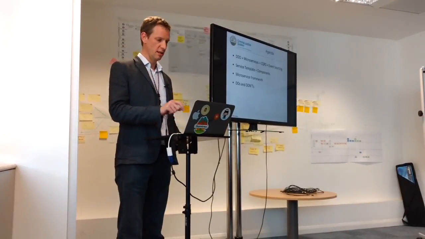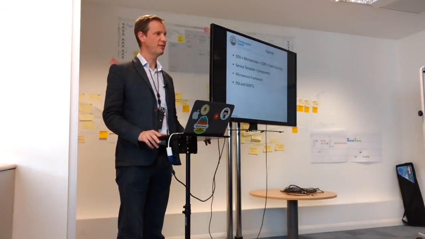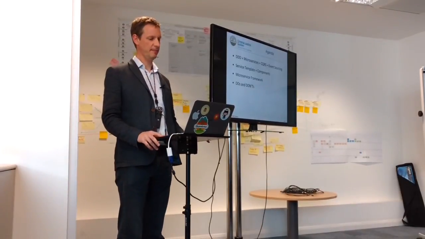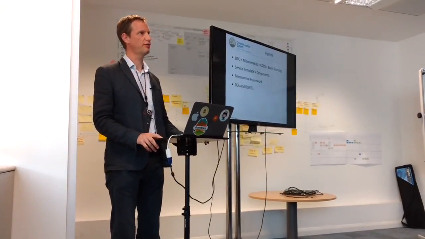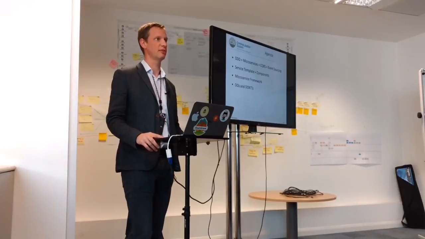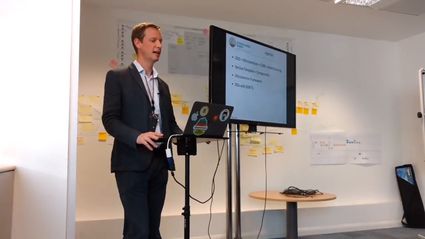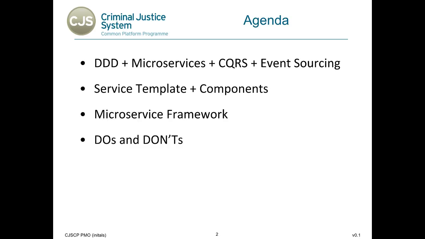So here's a brief outline of the agenda. First of all, I'm just going to cover off very briefly some of the basic concepts behind why things work the way they work. So first off, to cover those 4 items at the top there: DDD, microservices, CQRS, and event sourcing.